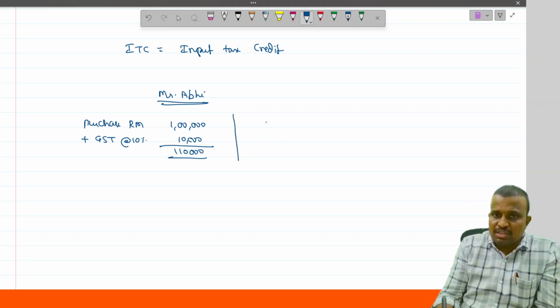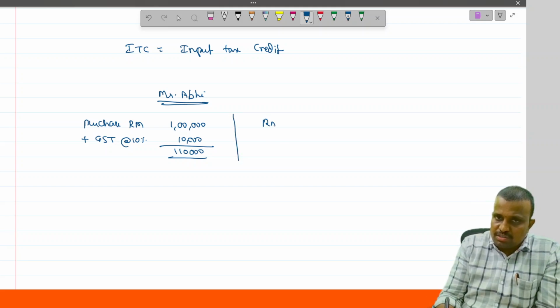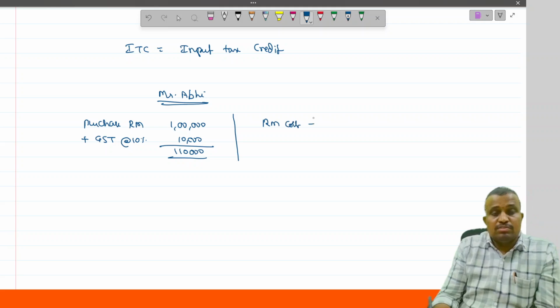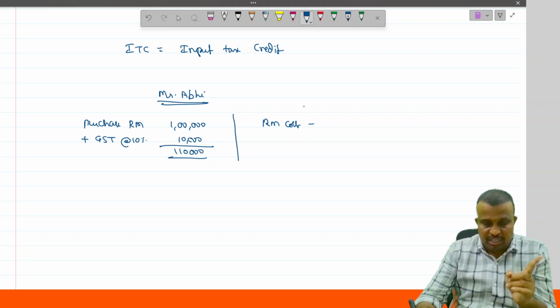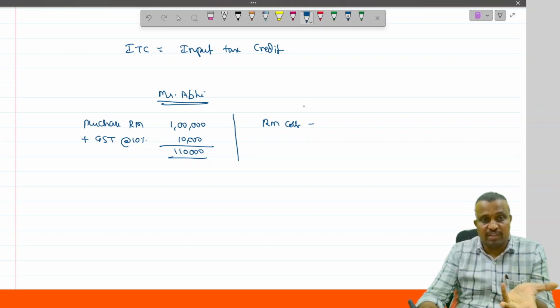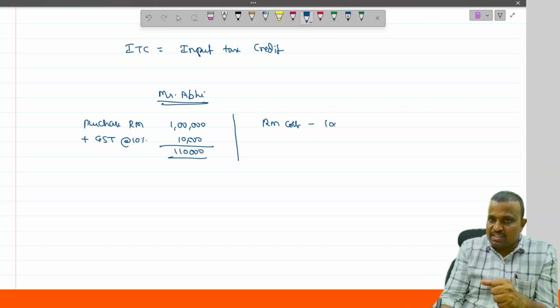And here we have to consider the raw material cost. So the cost of the product does not include the element of the tax. It includes material, labor and overhead only. So raw material cost we consider is 1 lakh only. And for example, processing cost is 80,000.